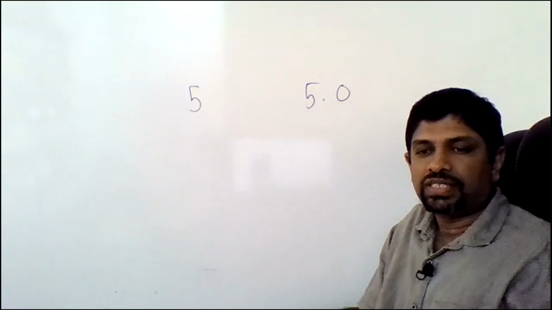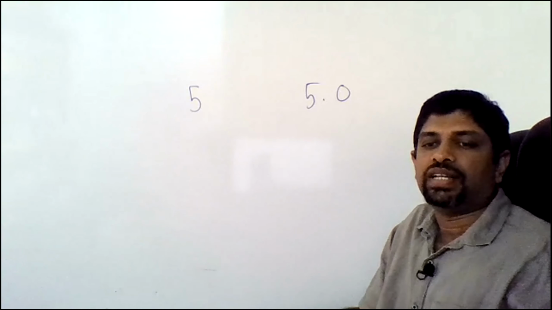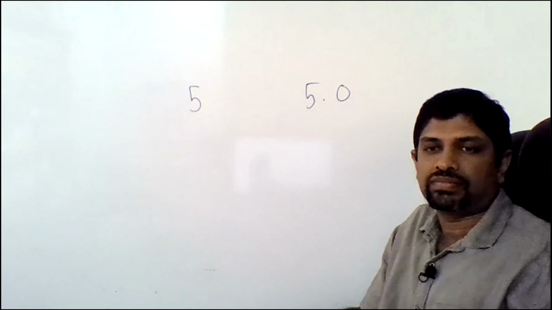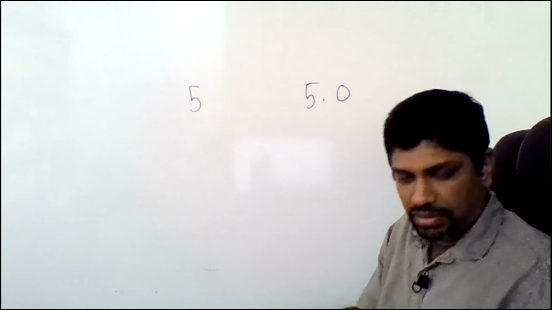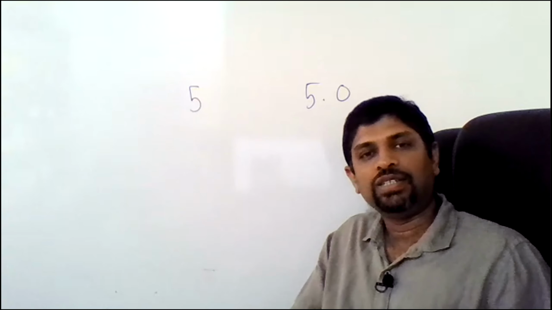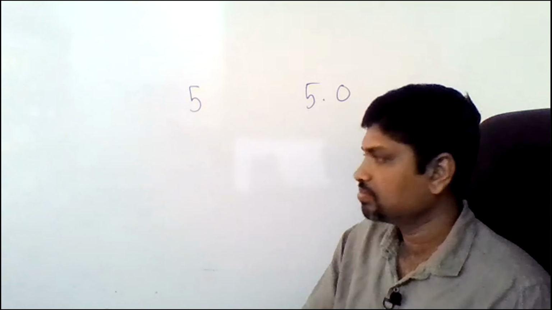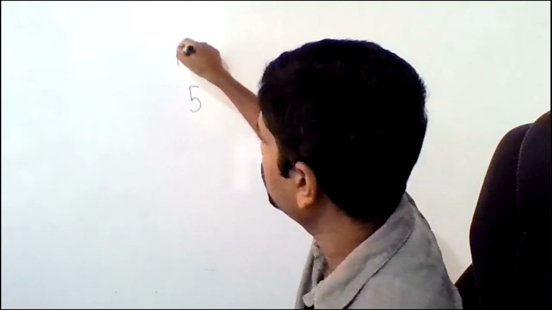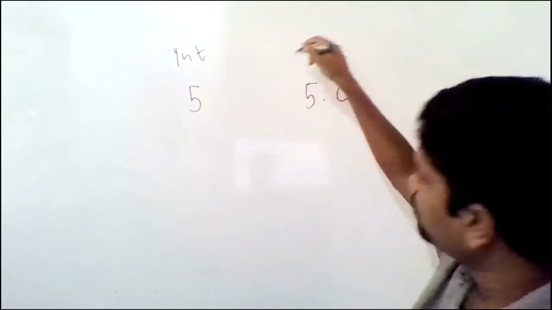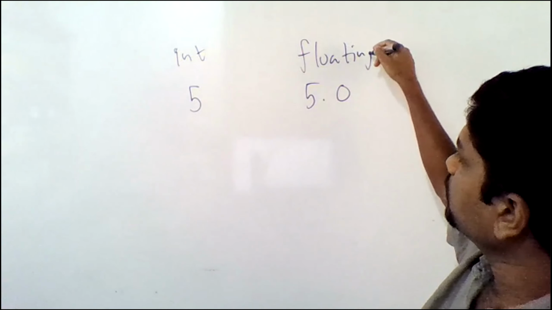Is there any difference between these two in terms of maths? There is no difference. But in terms of computer science, there is a huge difference. This is called integer 5, and this is called floating point 5.